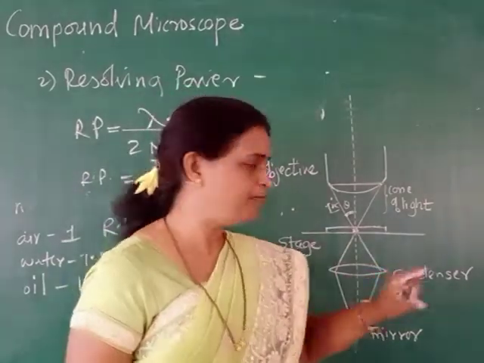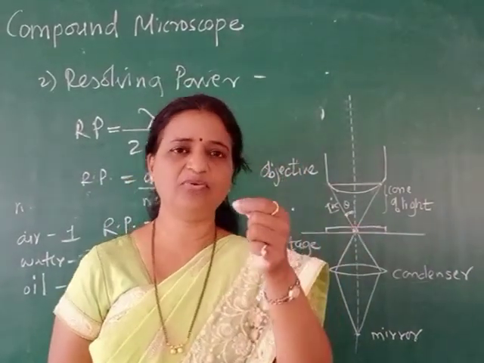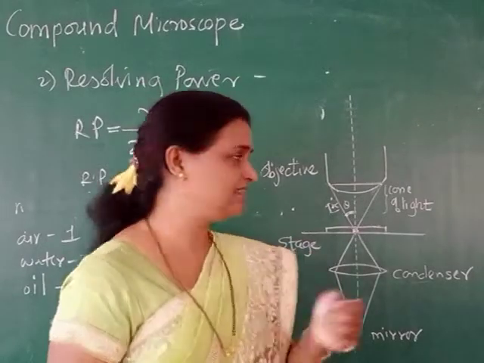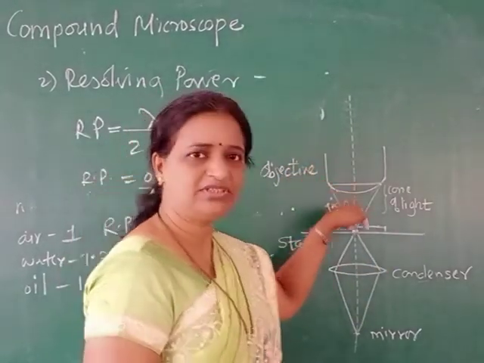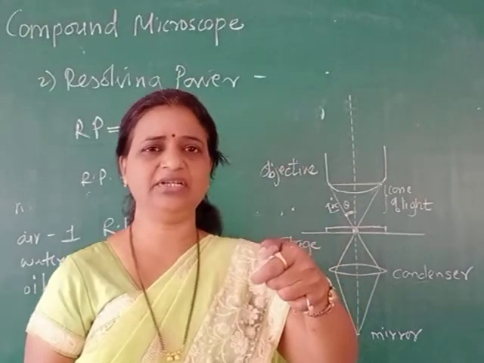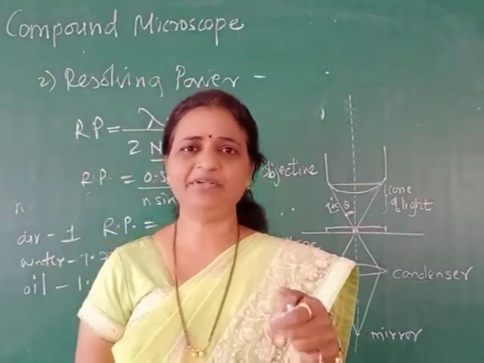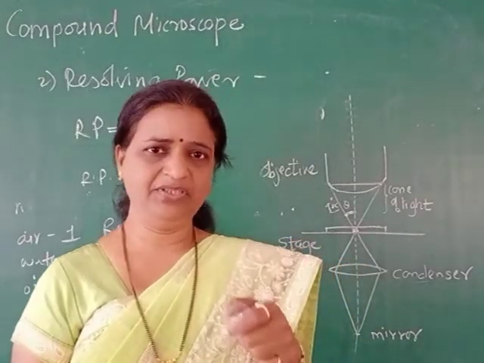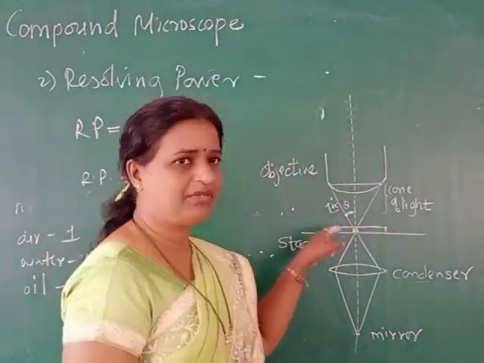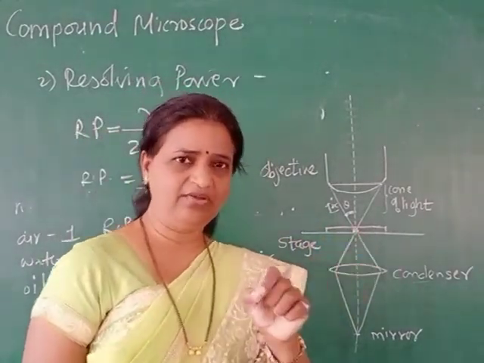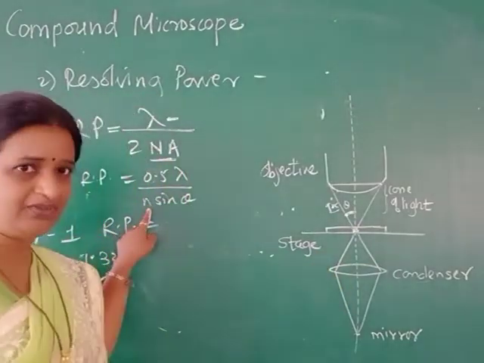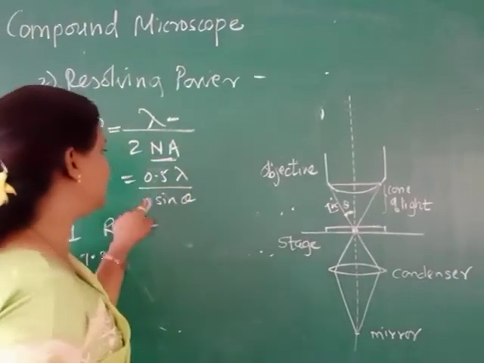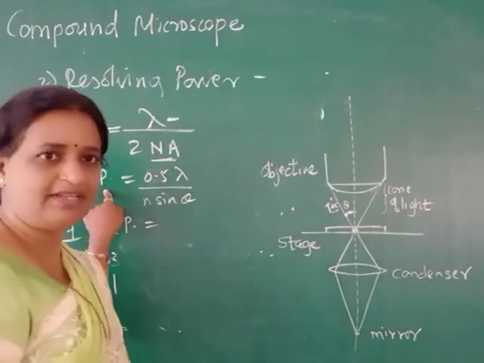Normally, when you prepare the slide, a drop of cedarwood oil is taken on the slide, and the 100x oil immersion objective is dipped in that oil and kept in contact with the oil while observing the slide. That is the method of increasing n, the refractive index, and it is the only possibility by which we can decrease the value of resolving power.